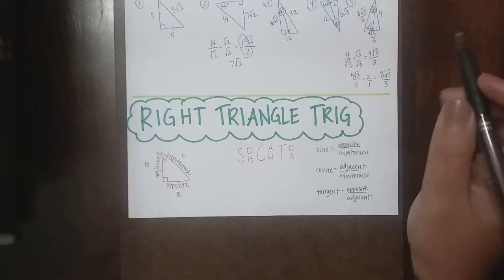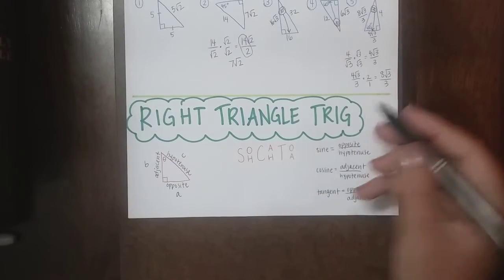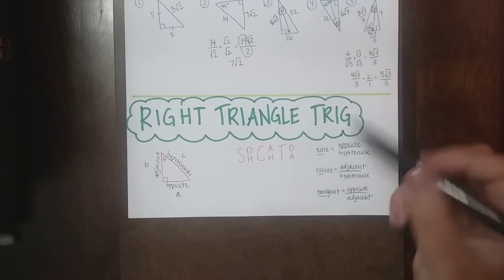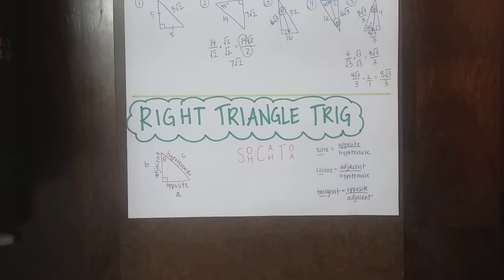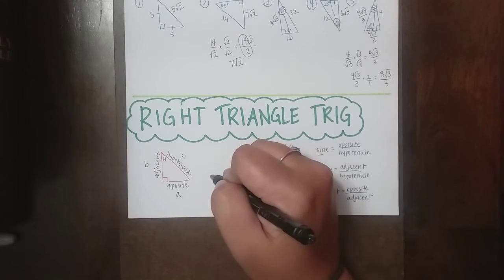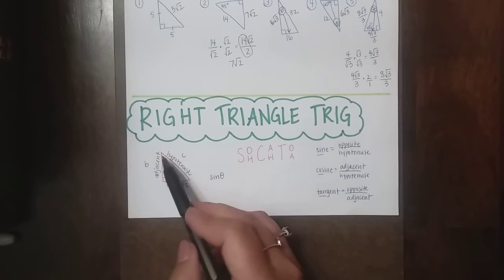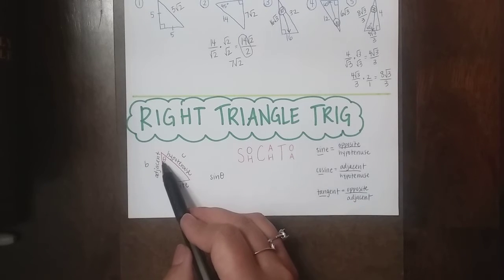The way that we write our ratios is we use three letters. We use the first three letters for sine, cosine, and tangent. And then you always have sine of something, and the something is your angle. So in this case, sine of theta, of this angle, is going to be opposite over hypotenuse.